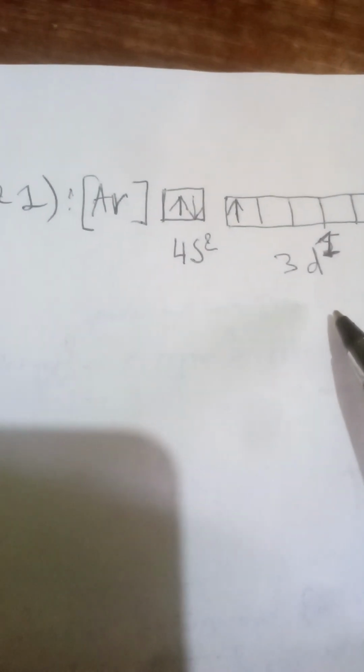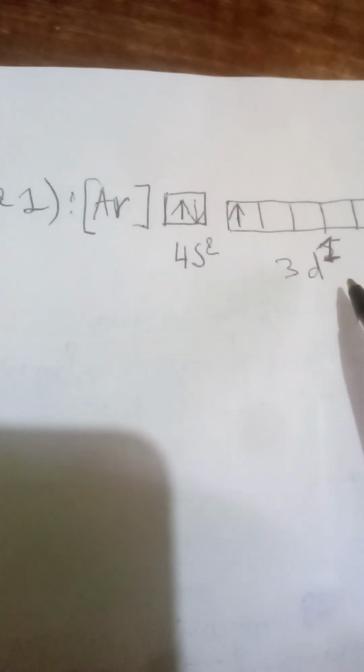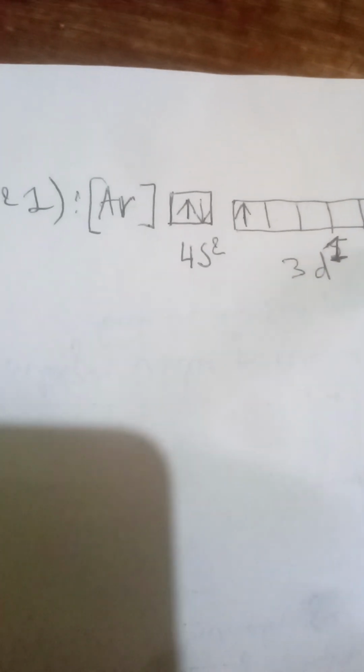It means 2 plus 1 will have 3 electrons. Those 3 electrons, plus 18 of the configuration of argon, give a total of 21.